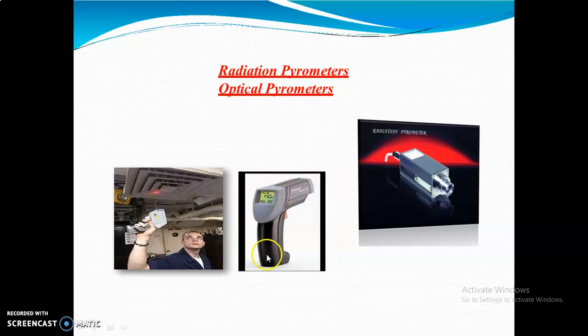It looks like this, and inside you can measure the temperature, and also moisture and humidity, using this type of instrument. And this is the radiation pyrometer. These are the devices people have from an industry point of view.